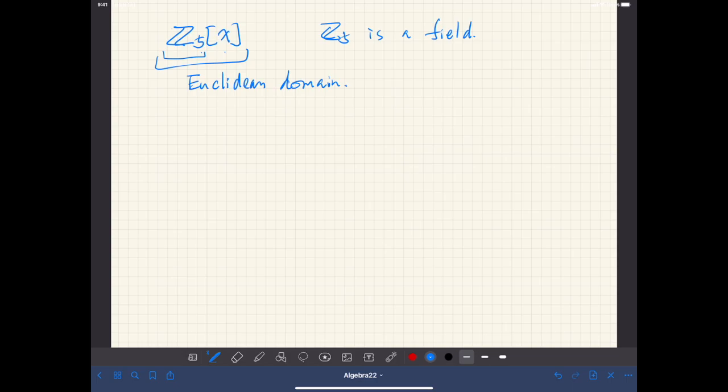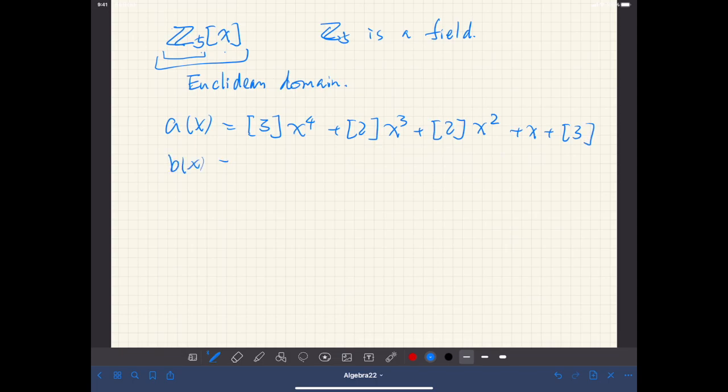Okay, so let's see an example. If we consider a of x as, let's see, 3x to the power of 4 and 2x to the power of 3 and 2x squared and x plus 3, and b of x, x squared plus 2.